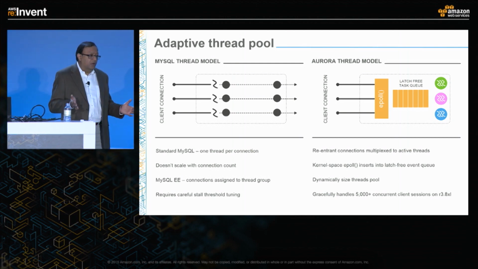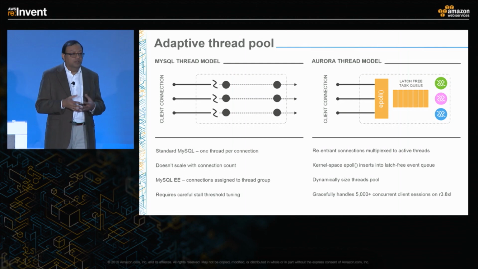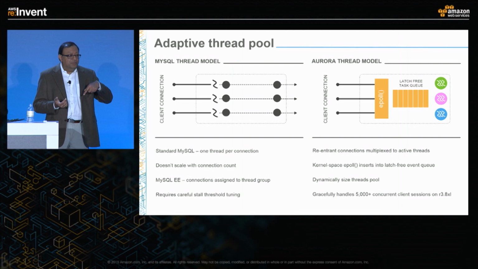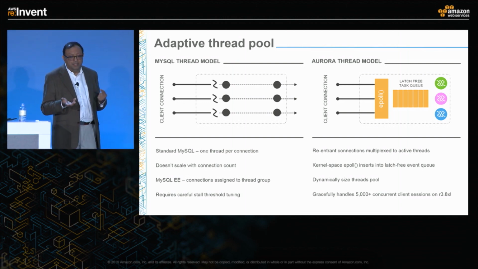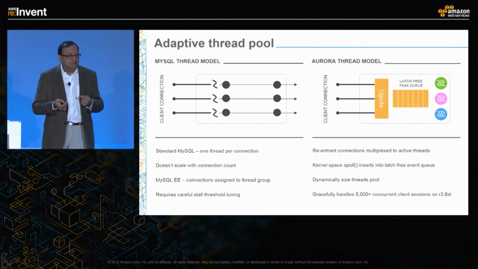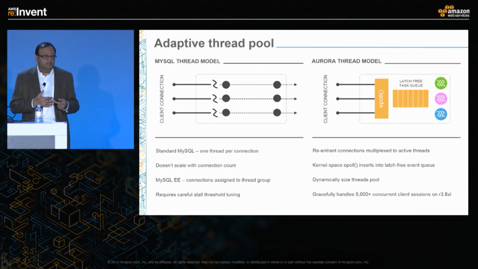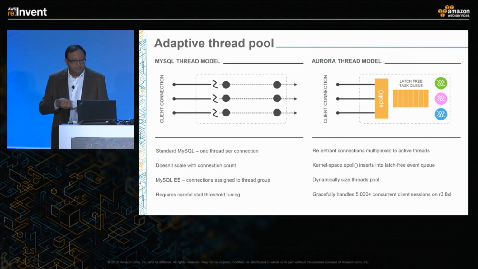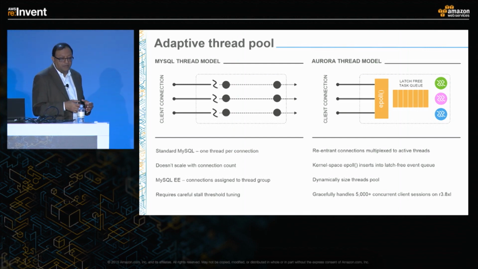So if there aren't enough threads ready to take on work, because let's say all of them are sitting waiting for some lock, you actually have to add a thread, because the guy who's going to do the commit that releases all of those, you aren't going to be able to find him unless you have a thread waiting to hear the epoll. So we dynamically size up and down. So it deals with weather in your application, where you have spikes and so forth. And we're able to gracefully handle well over 5,000 concurrent client sessions.